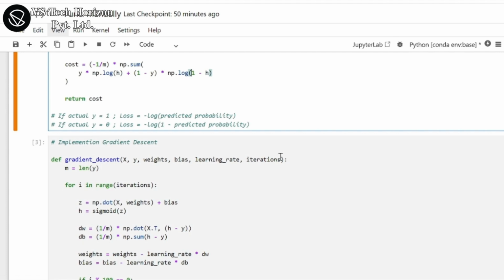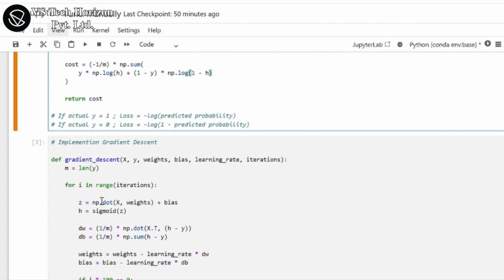Here the goal is to minimize cost. Similarly, m is the number of training examples, which is needed for averaging the gradient. Then we use a for loop. Here we repeat updates multiple times. Each repetition improves the weights slightly. This is iterative optimization.